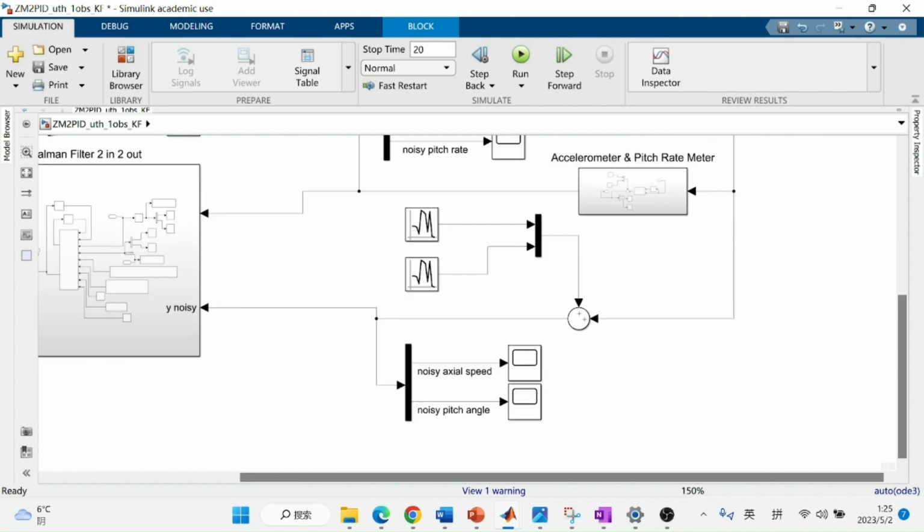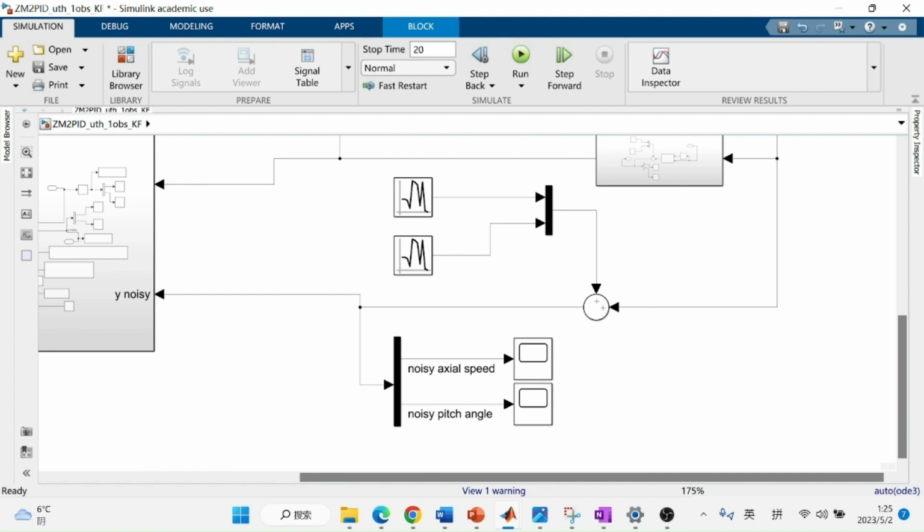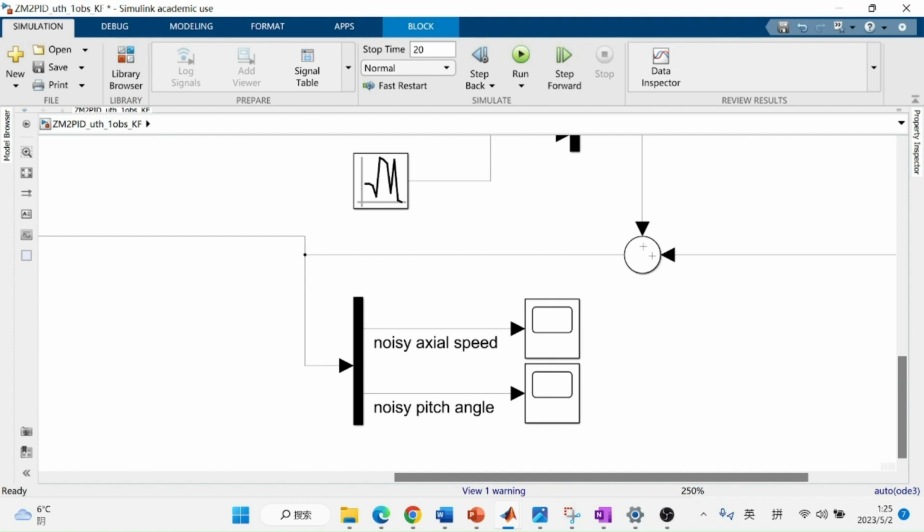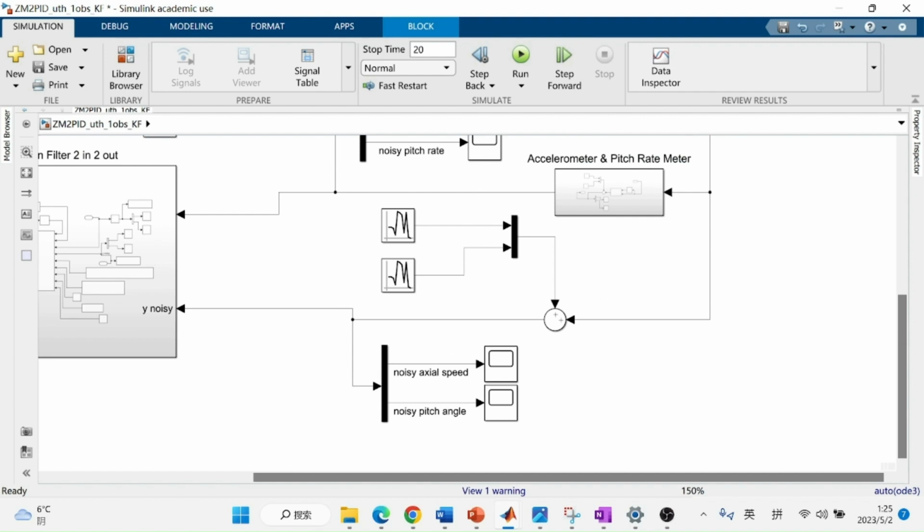The axial speed sensor is usually derived from the measurements of a pitot tube located outside the aircraft. Similarly, the pitch angle is usually derived from the angle of attack sensor, also located on the outside of the aircraft. And they will also have noises.